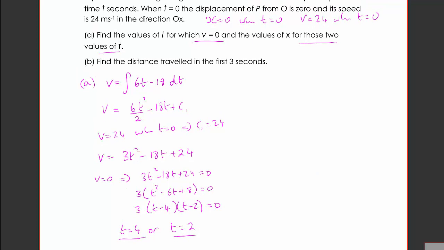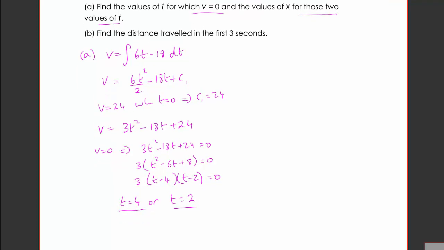And we want the values of x for those two values of t. So we now need x. So that would be the integral of 3t squared minus 18t plus 24.